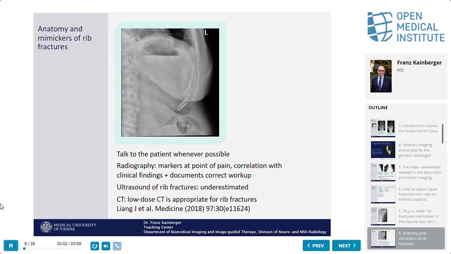Also in this case, ultrasound is very helpful. CT, also low-dose CT, has been reported in the literature too, and is very helpful. But in the majority of practical situations we have in our trauma hospitals, radiographs are used. And what I routinely do is that I talk to the patients whenever possible, and I ask our technicians to put a marker like this type here, because it nicely indicates where the fracture might be.